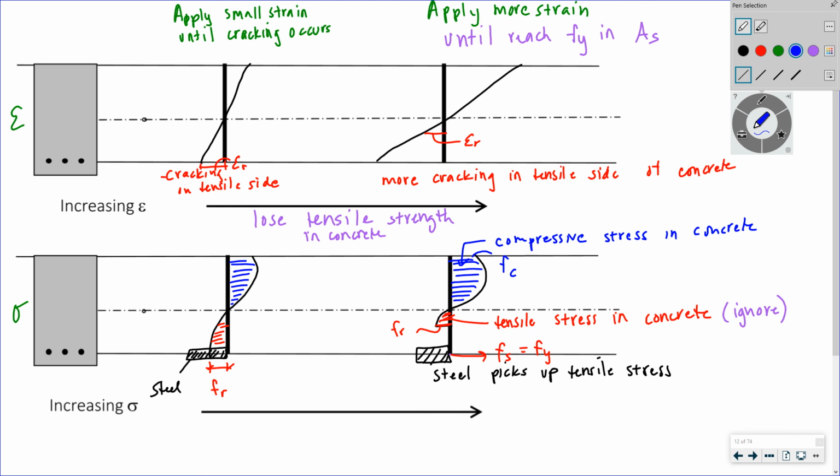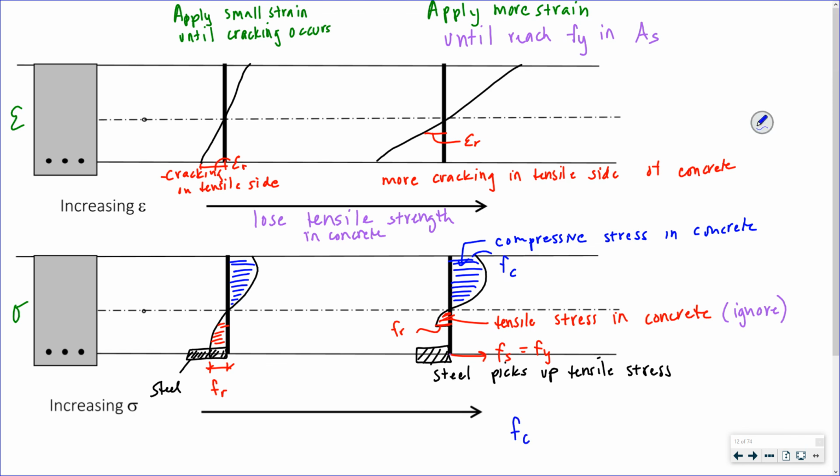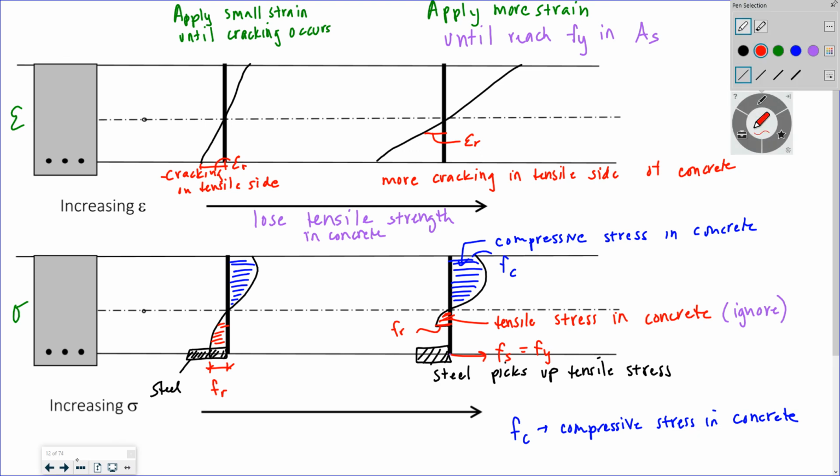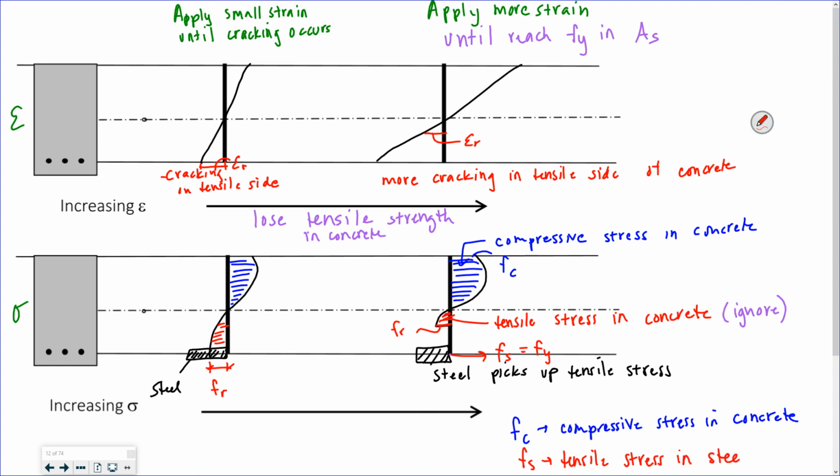So Fc is our compressive stress in our concrete. And Fs is our tensile stress in our steel, our tensile reinforcement steel As.